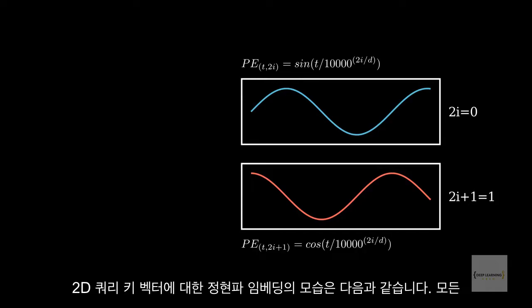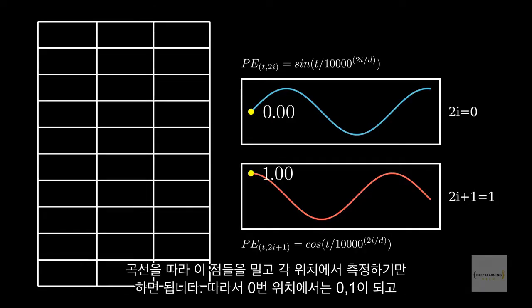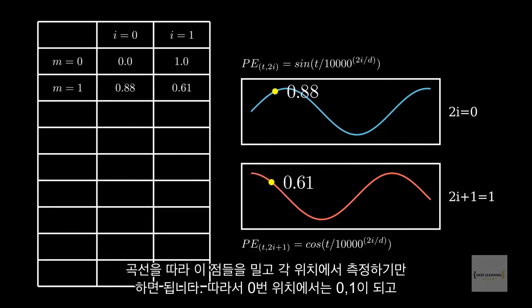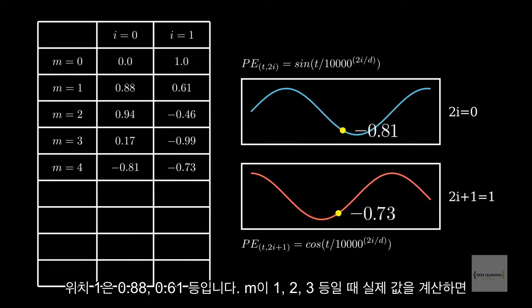Here's what the sinusoidal embeddings look like for 2D query key vectors. All we do is push these dots along the curves and take measurements at each position. So at position 0, it's 0, 1, and at position 1, it's 0.88, 0.61, and so on.